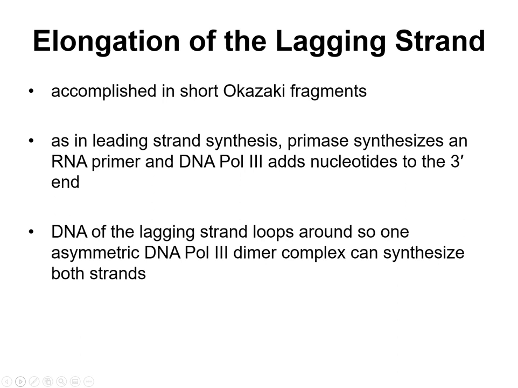The lagging strand also loops around so that the one asymmetric DNA pol 3 dimer complex can synthesize both strands. So you've got one major huge DNA pol complex that can actually synthesize both strands at the same time.